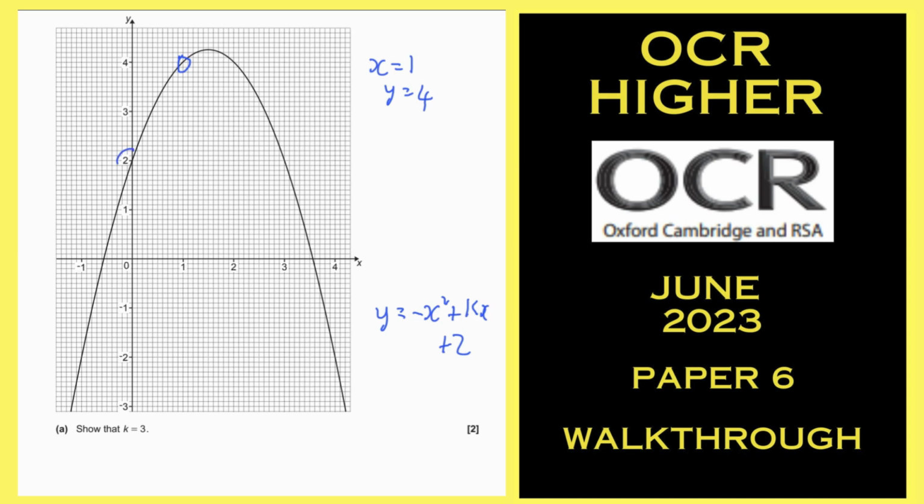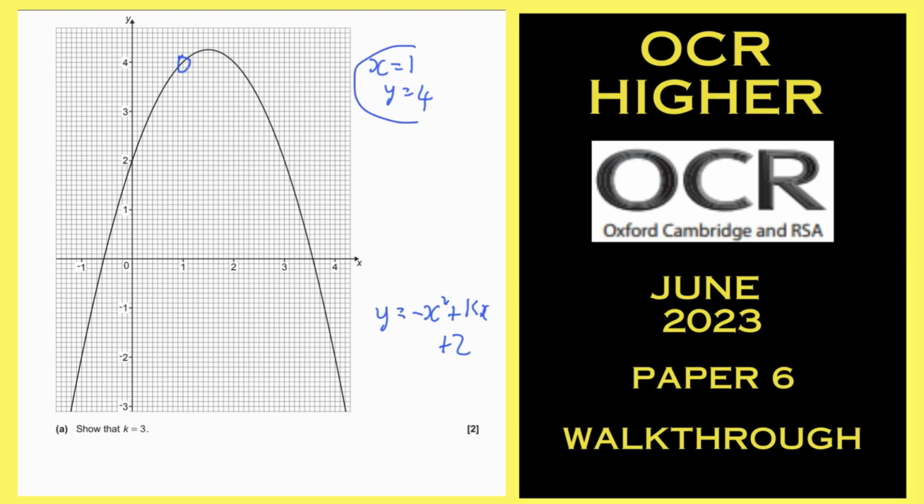Another one, but not so useful, is 0, 2. And the problem with that is if you sub in x equals 0, the k term disappears. So I wouldn't be going with that one. It doesn't help you out. As I say, there are others you could pick, but I personally wouldn't bother with any decimals or any rubbish like that. It's much easier to substitute in whole numbers, and 1, 4 is definitely the best option.